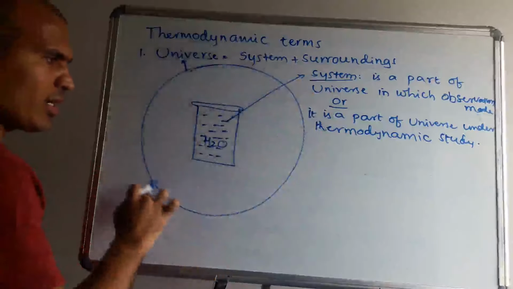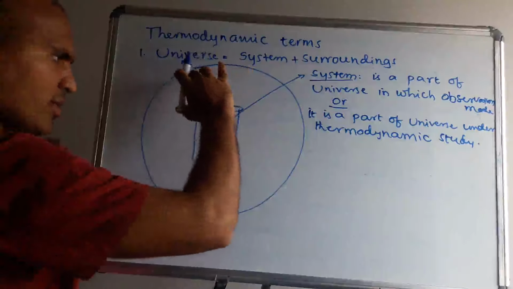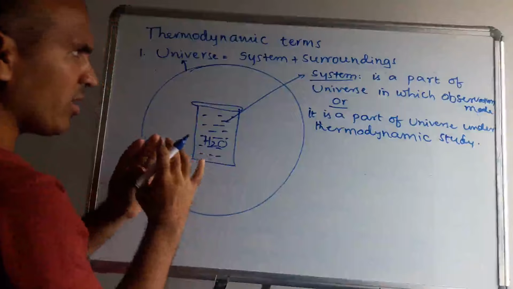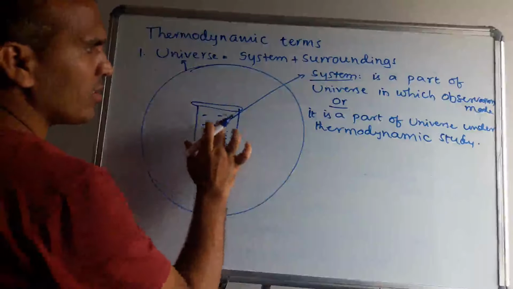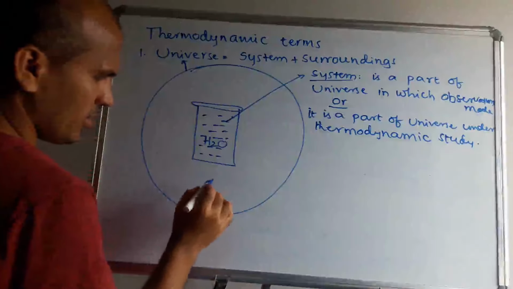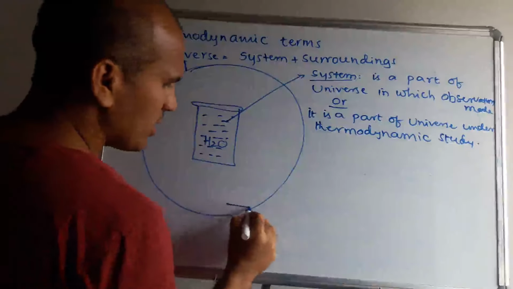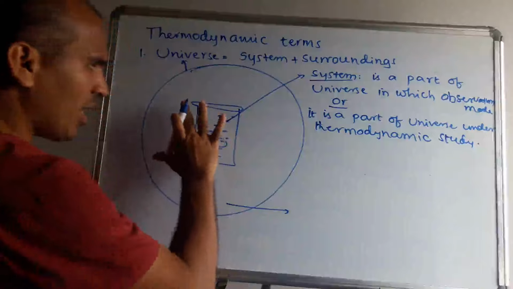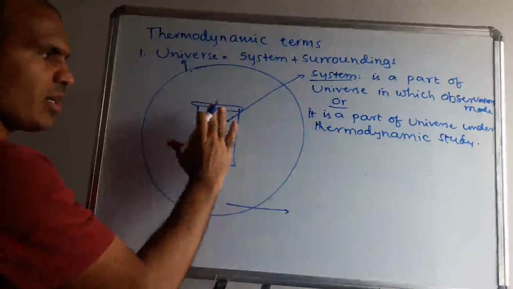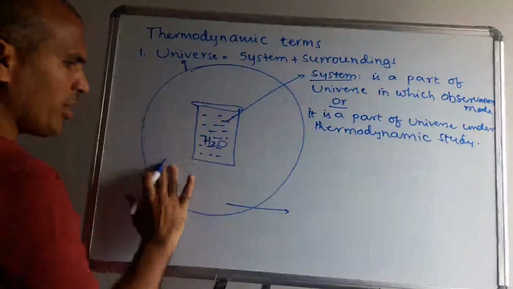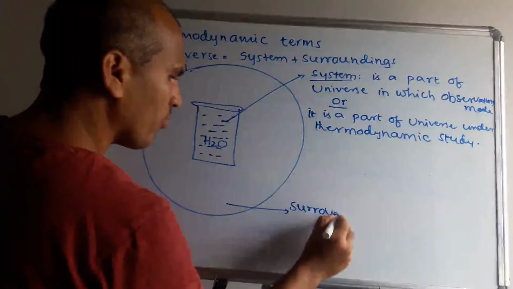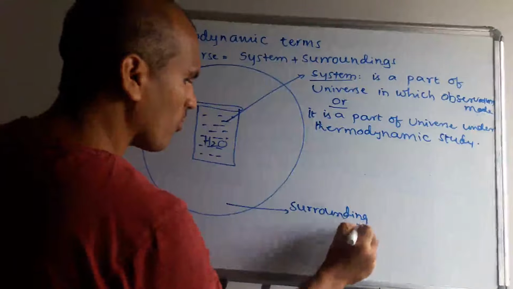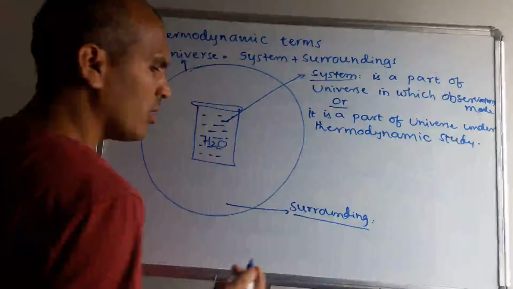This whole circle is the universe. In this circle, what is included? That is system and surrounding. So water molecule is what I want to consider the system, and the other part, other than this beaker, this empty part, is called the surroundings.